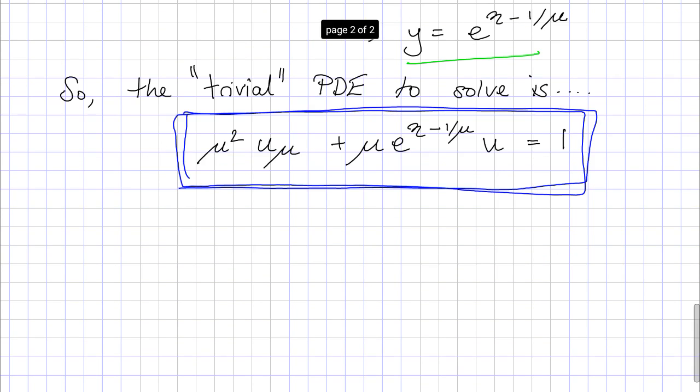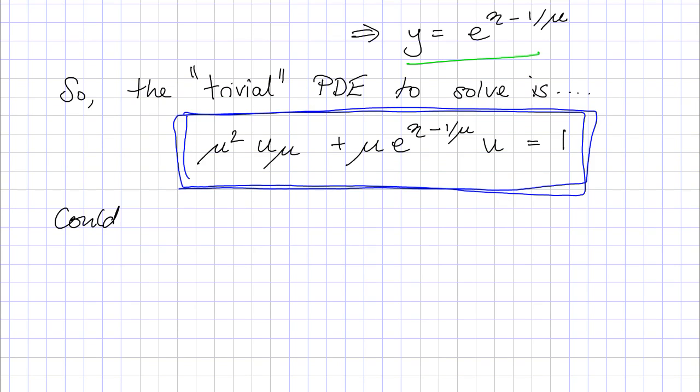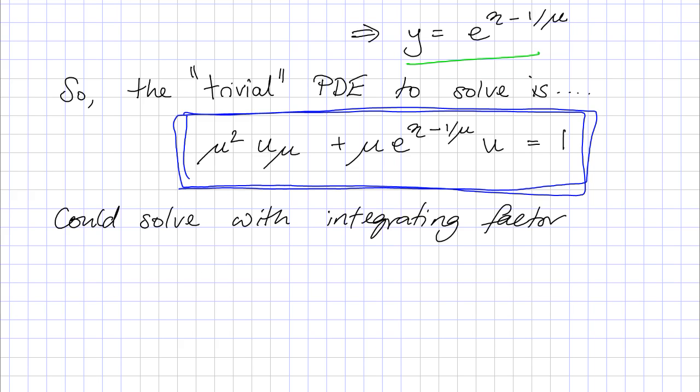Let's just say that we could solve this with an integrating factor. So that would be the exponential of the integral of 1 over mu e to the eta minus 1 over mu.